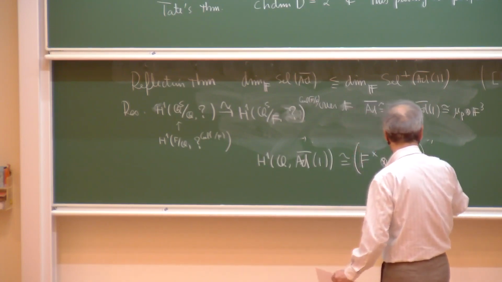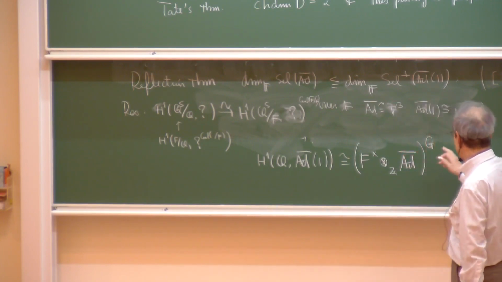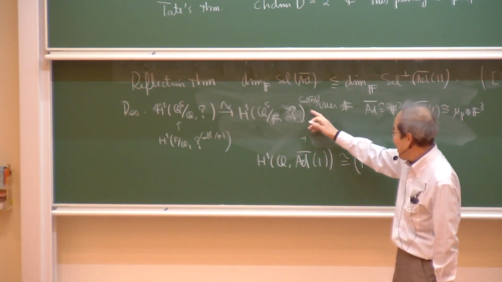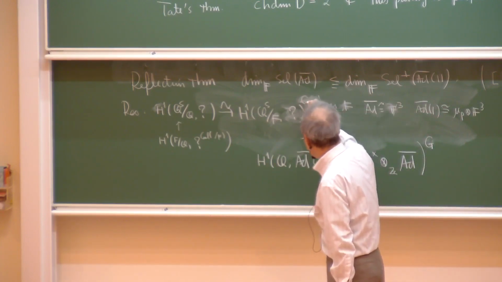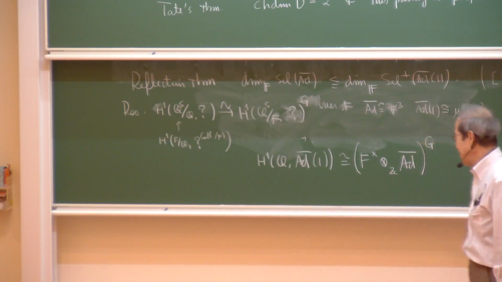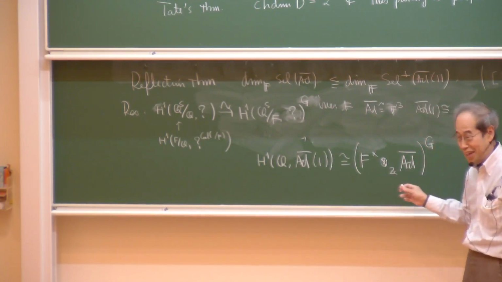And then you need to take the invariant under G, because this is fixed by rho. This is not F over Q, but the G-invariants. So you get this. This is diagonally embedded.